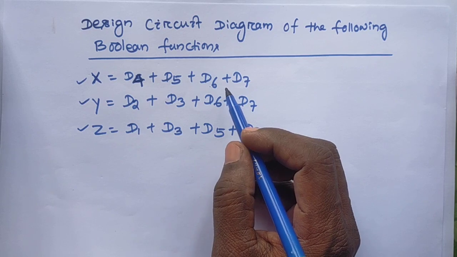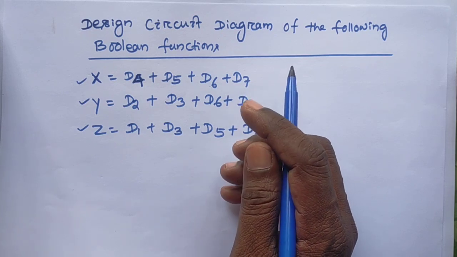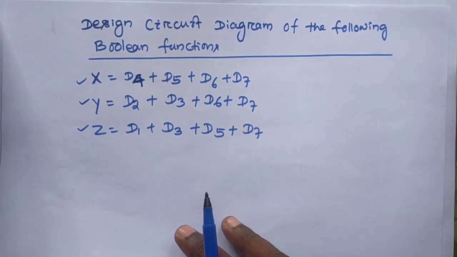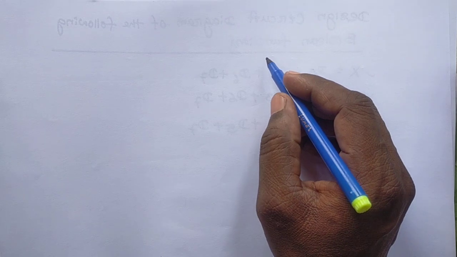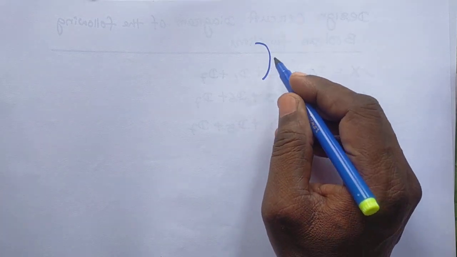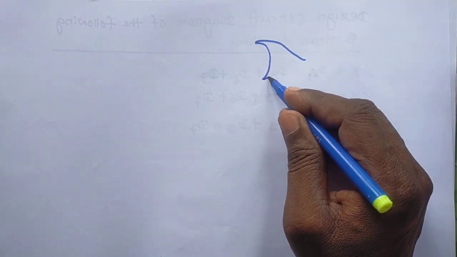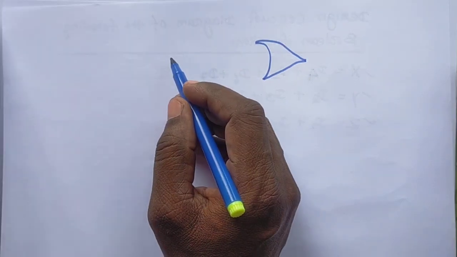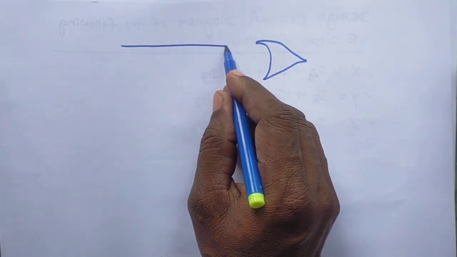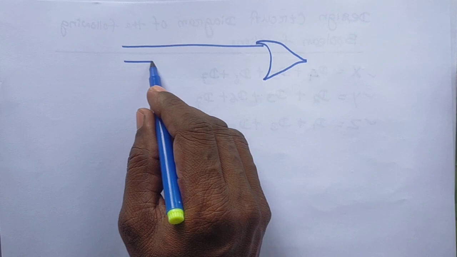Now we will start the circuit diagram design and see how it will work. Very simple, I will show you. Here you see, we design one OR gate, and the inputs are like this.